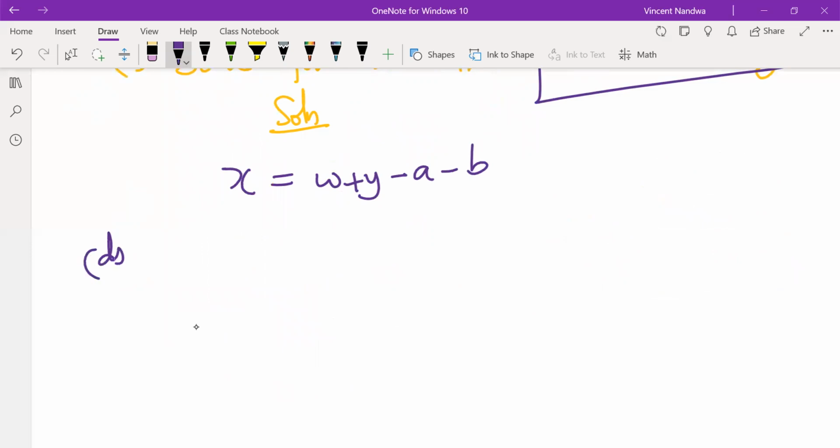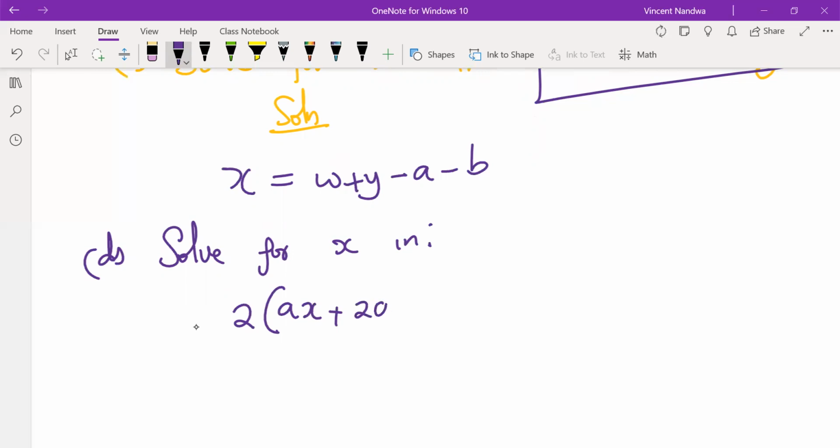D, solve for x in 2 into (ax plus 2a) squared divided by 3 equals ax minus 2a divided by 2.